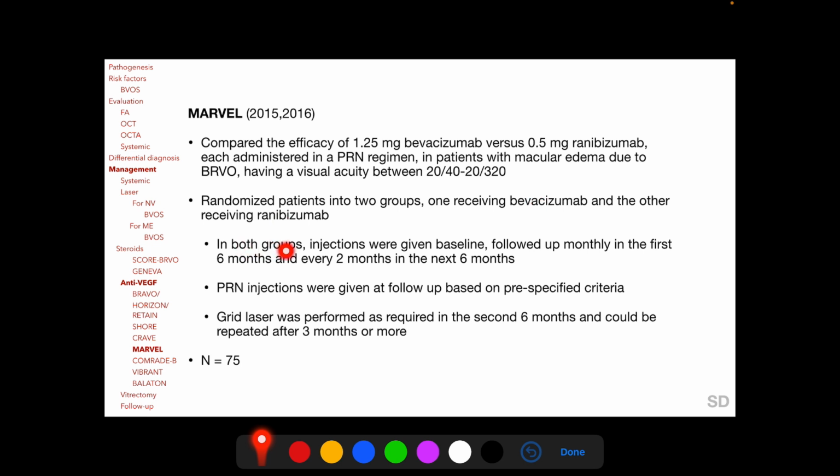In both the study groups, injections were given at baseline and the patients were followed up monthly in the first 6 months and every 2 months in the next 6 months. PRN injections were given at follow-up visits based on pre-specified criteria. Grid laser was performed as required in the second 6 months, and grid laser could be repeated at an interval of 3 months or more.